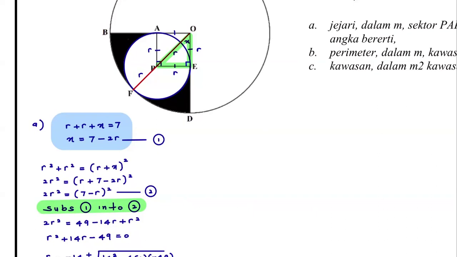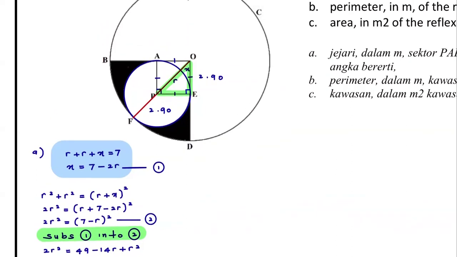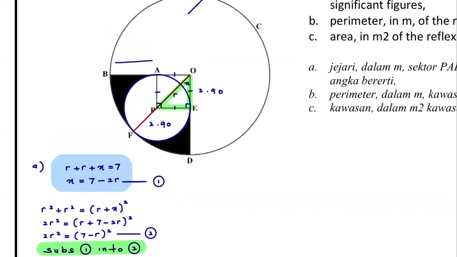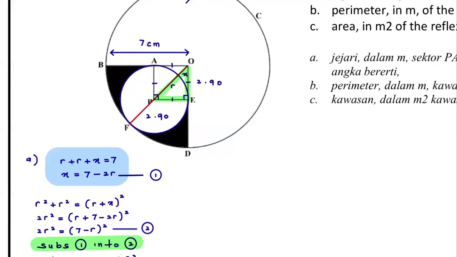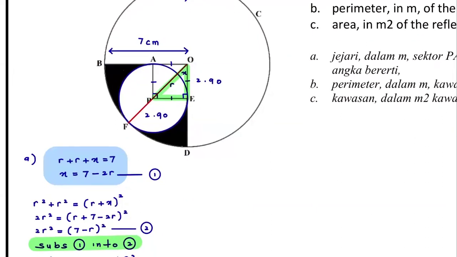Okay, so what I'm going to do, I'm going to take out all this r and put 2.90. Easy for me. The radius is 2.90. Got it? But this entire radius, you have to remember, is 7.